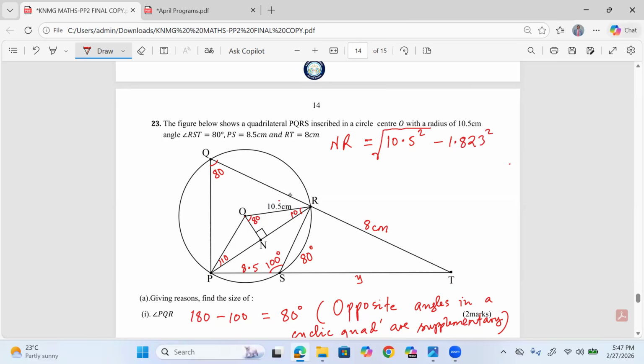Then we find the square root. So we need 10.5 squared minus 1.823 squared, then we find the square root. I'm getting 10.34.